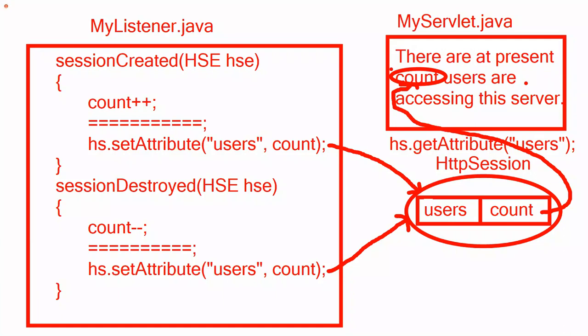Like that the message comes. That count value we place in a session variable and retrieve from the session. Almost the same style as yesterday. Method names are different, the listener is different, and the context place is session. That's it. The program writing style is the same.